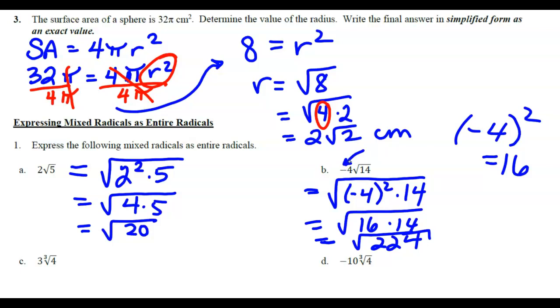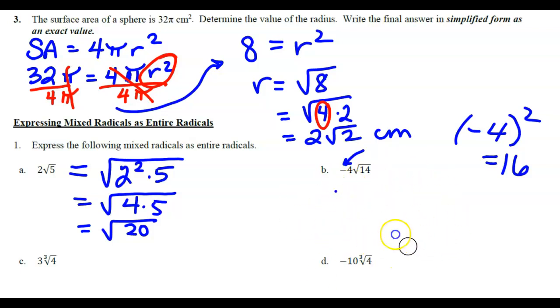So if you have an even root, so a square root or a fourth root, sixth root, etc., then you have to leave the negative outside. So we're not going to show it like this. That's why I said don't write that down. We're going to leave the negative and then go 4 squared times 14.